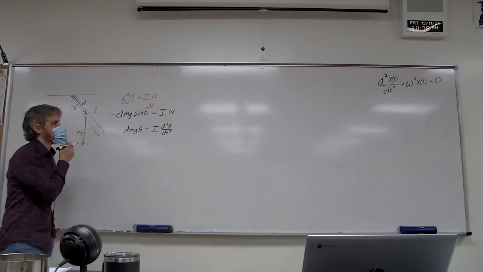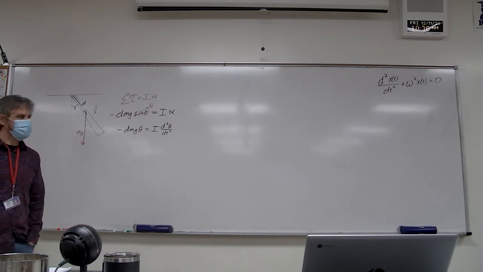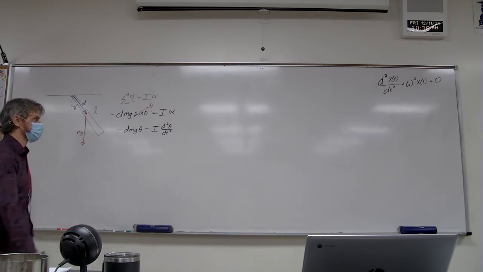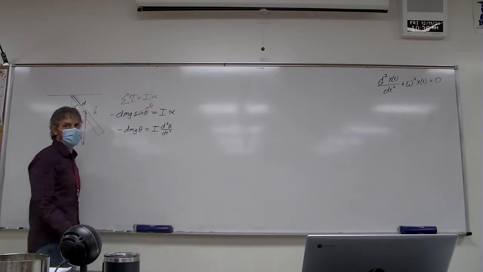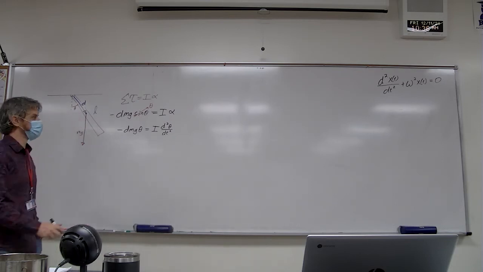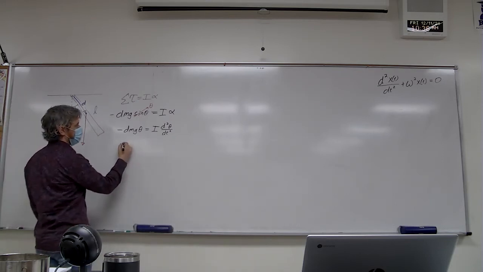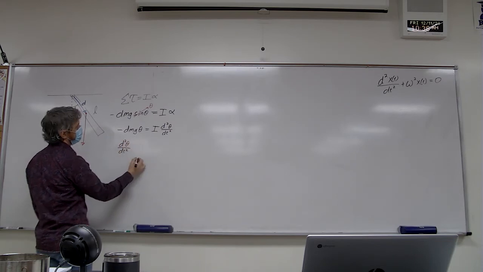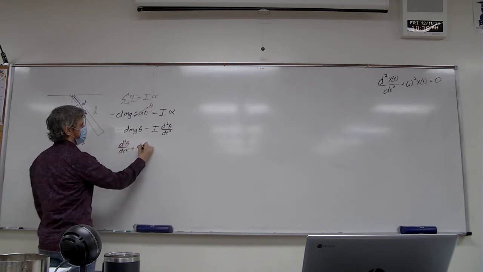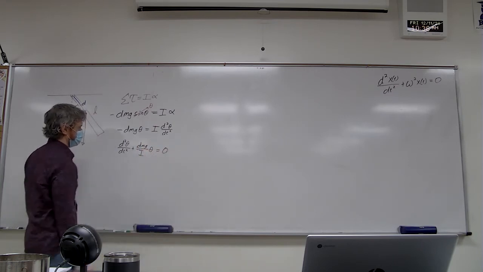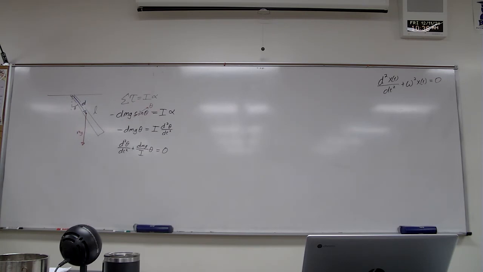I want to get this to look like the form of the differential equation where there's no coefficient in front of the second derivative term, so that we can then get our angular frequency. So when I do that, I'll have the second derivative of theta with respect to time, plus dmg over I times theta equals 0. And there we got it.